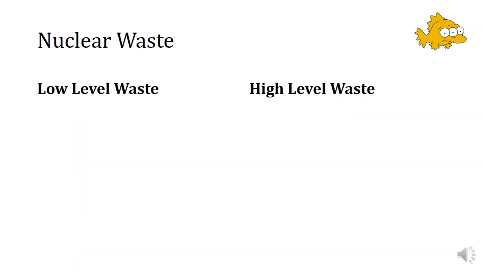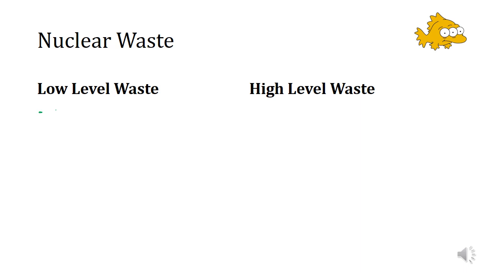Okay. So there's two main types of nuclear waste. We have low-level waste and high-level waste. So low-level waste is things like the paper gown that you wear when you're getting an X-ray. So it can be like nurses' equipment, nurses' clothing, shoes, papers that have been in a radiologist's office.